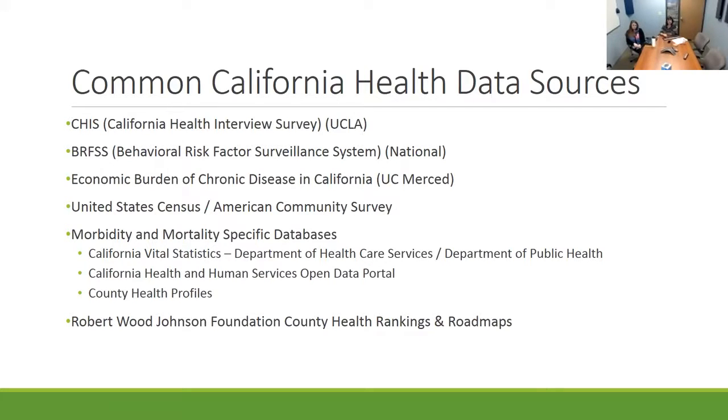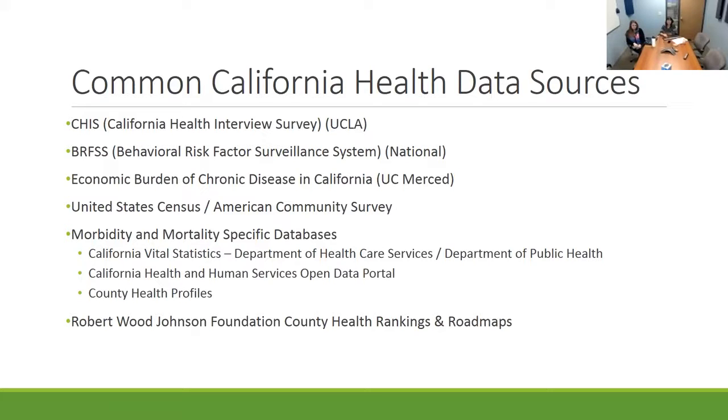One thing that we're really excited about is the UC Merced Economic Burden of Chronic Disease in California. This talks about the cost of chronic disease. This can be a really good return on investment discussion with funders and partners. There's the United States Census, or the American Community Survey. We're not going to go into detail on that resource on this webinar, but if you are interested in using the query system to get some population numbers or other demographics or economic indicators for your county, we can assist you with that.